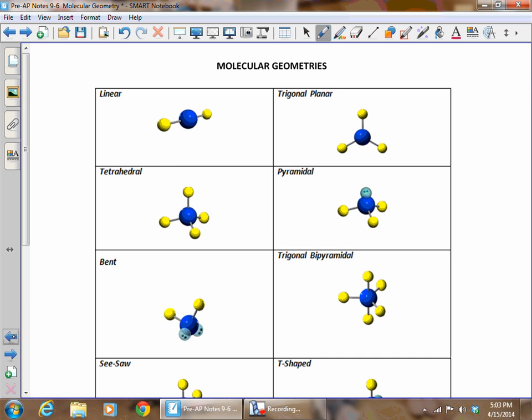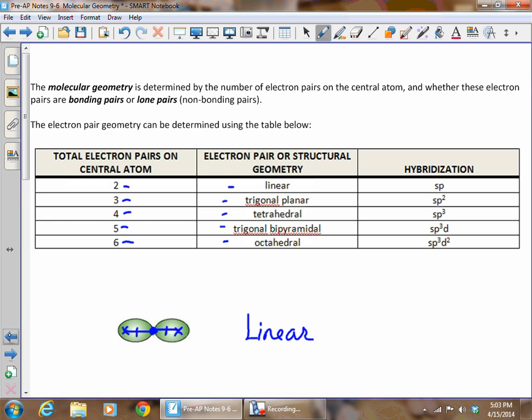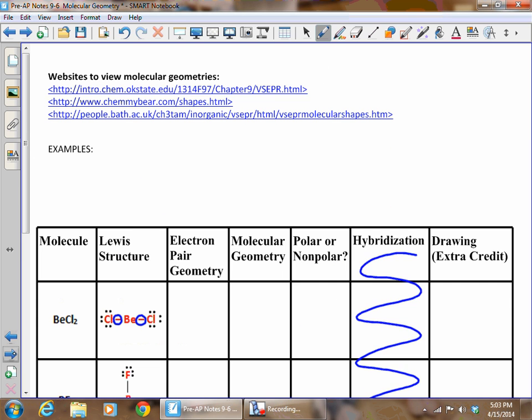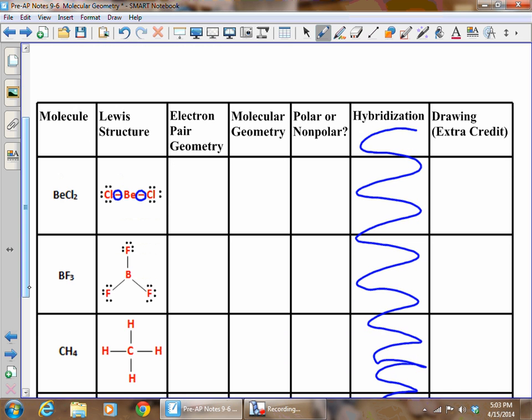If you return back to a couple of pages previously, you'll see that 2 pairs of electrons around the central atom is going to give you a linear structure. And I'm not going to flip back and forth to that table. You can flip back and forth to it and look at what's going on there. But from now on, we'll just be writing these down without flipping back to the table. This is going to be a linear electron pair geometry.